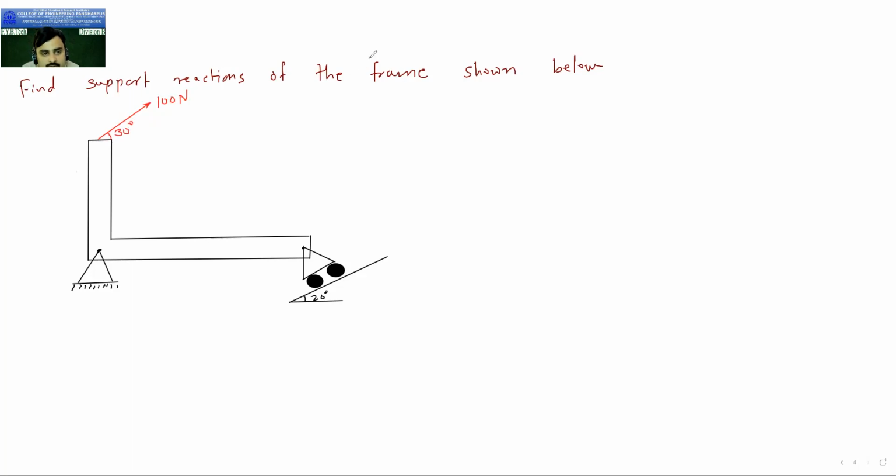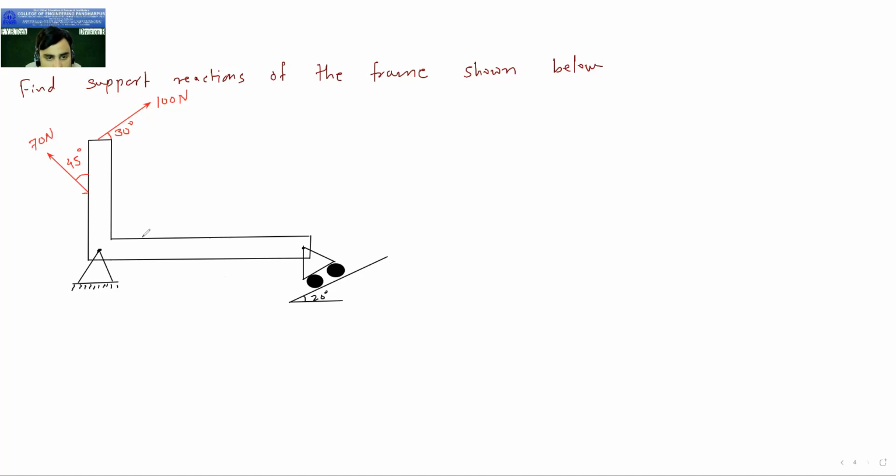Then at this point over here, there is one more load. This load is of 70 Newton, and its angle is 45 degree.